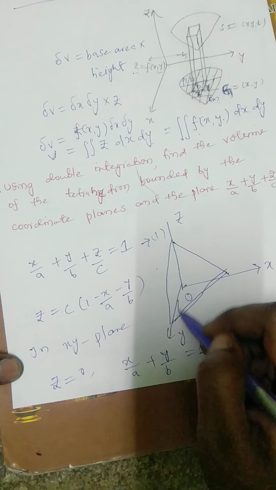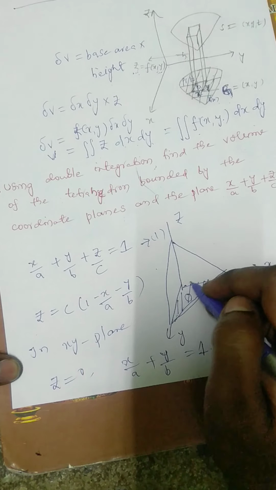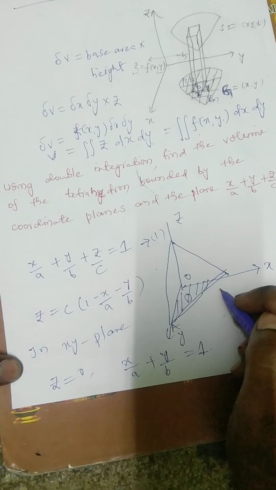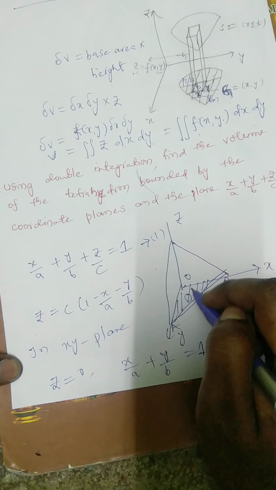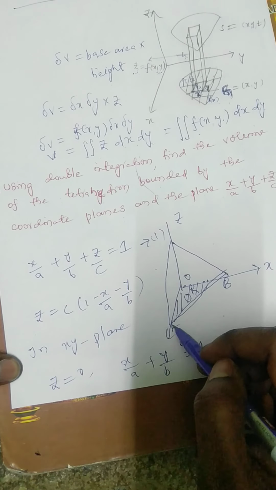Now in the xy plane, this is the region. This is O, this is A, this is B. In the xy plane, R is the region. What is the region?